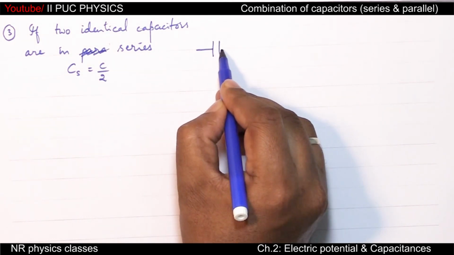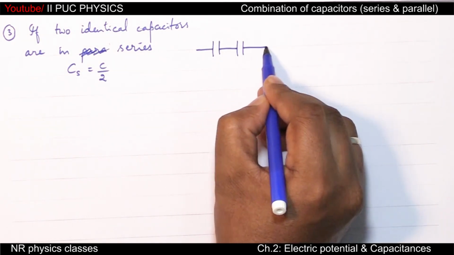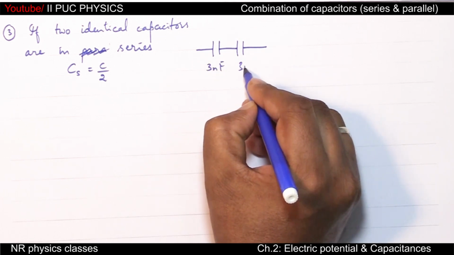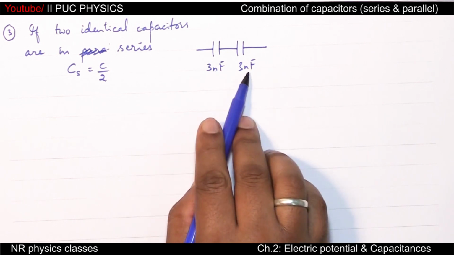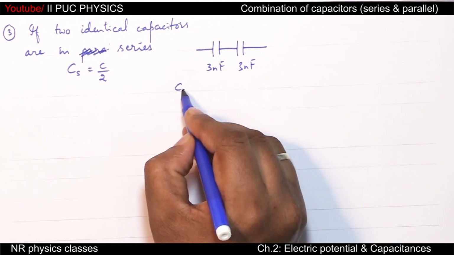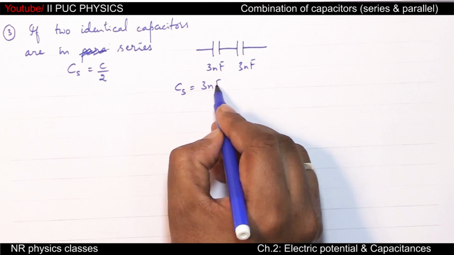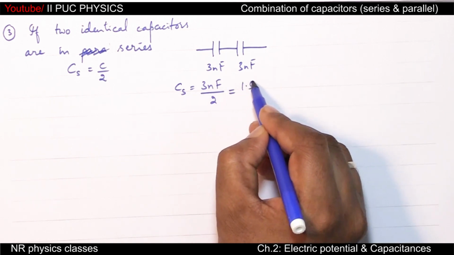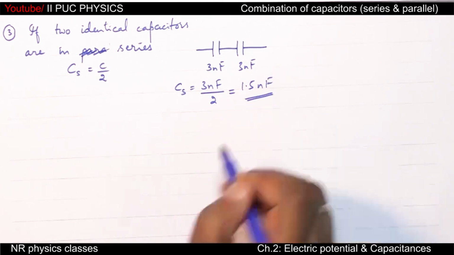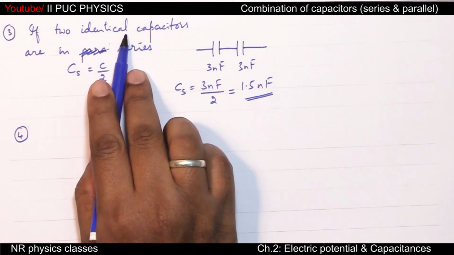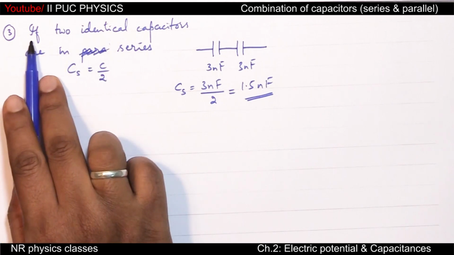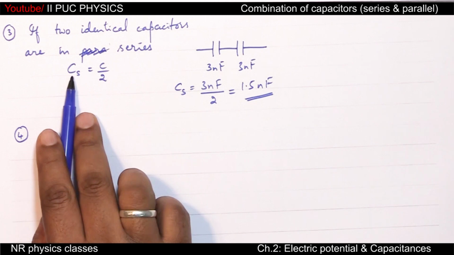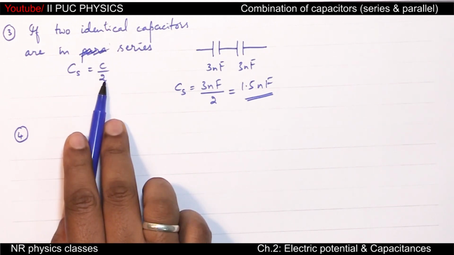If this is first capacitor, second capacitor, each equal to 3 nanofarad, identical capacitors, then CS equal to 3 nanofarad capacitance of each divided by 2, that is 1.5 nanofarad. Extending this argument, we can write for n identical capacitors, series equivalent is C by n.